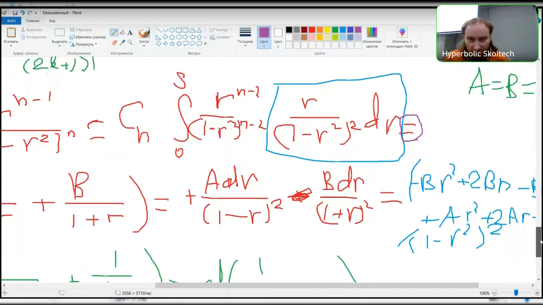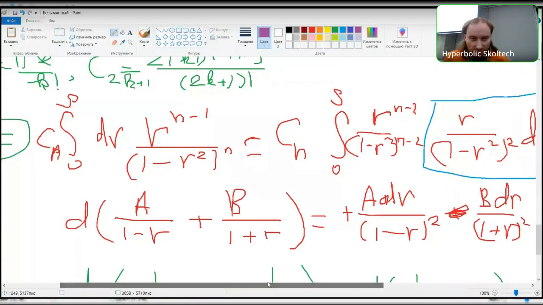Okay, so let's think about how to integrate this.